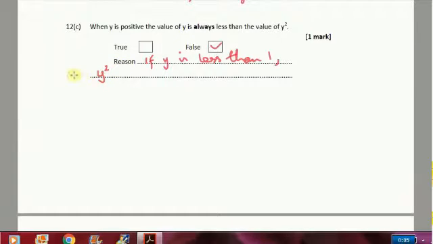Y, will be bigger than y squared. For example, if y was, say, a half, then y squared would be a quarter, and a half is bigger than a quarter.